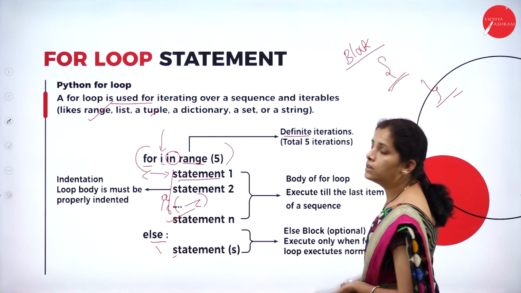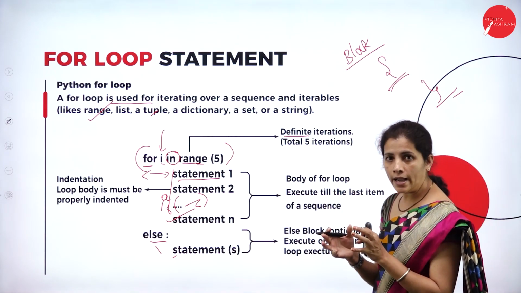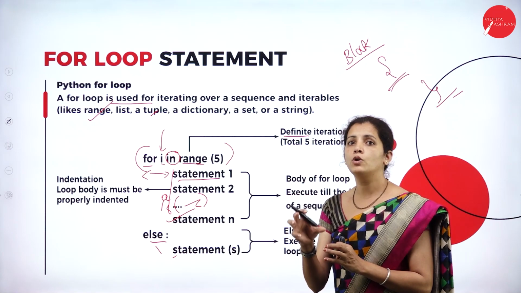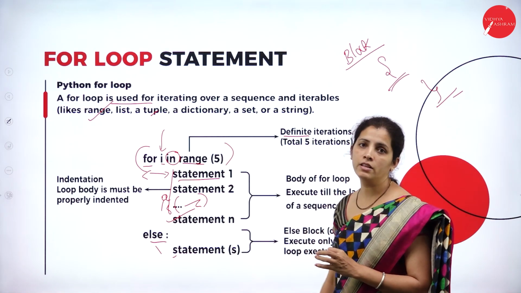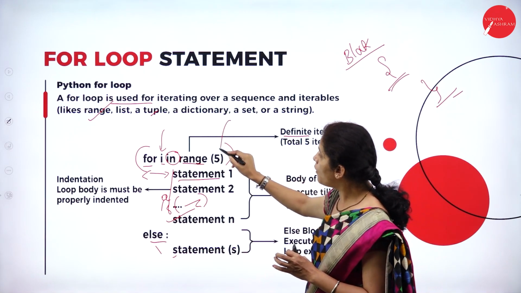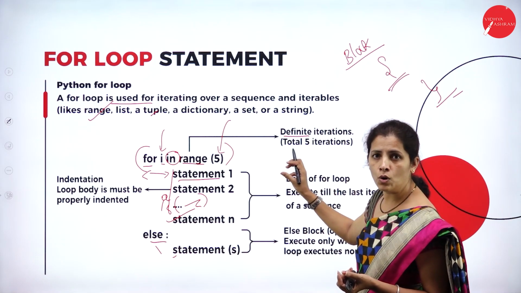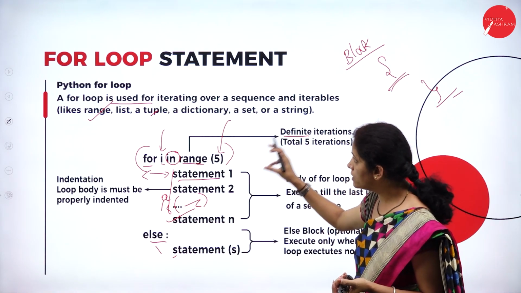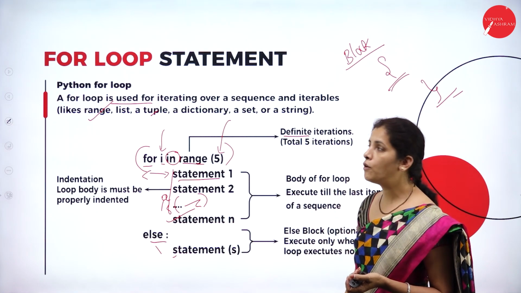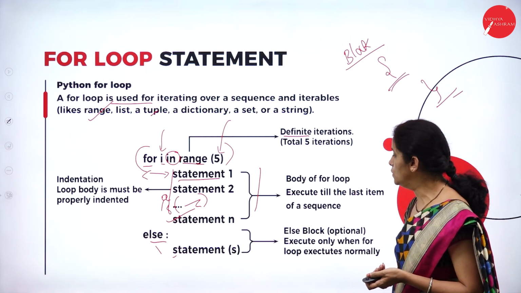So here, it is definite iteration. When I know how many times I want to execute this statement, at that time I'll go with the for loop. So here I know how many times I want to repeat, that is 5 times. For that reason, I'll go with the for loop, and I'm going to have the body of the loop.